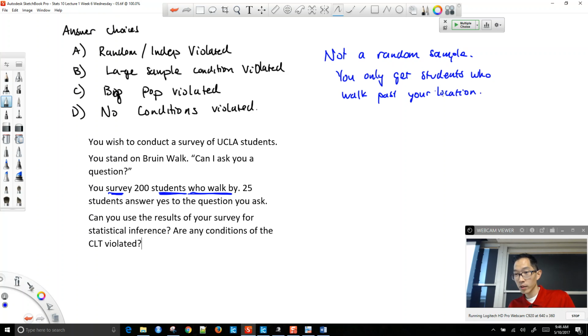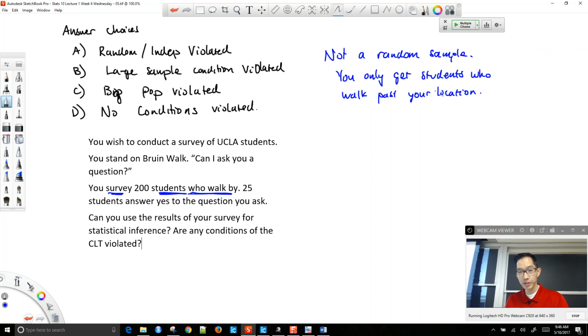Depending on the day you go there, you might favor Tuesday, Thursday students or Monday, Wednesday, Friday students, or depending on the time you are there, that's going to affect the people you might encounter. It's also naturally going to favor those who go outside and walk, and depending on what week we are in the quarter, there might not be as many people about. So this is not going to be a random sample.